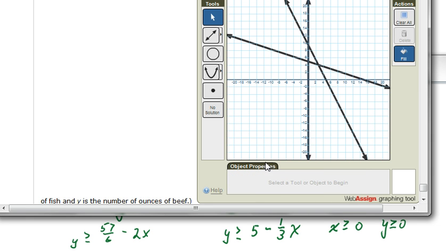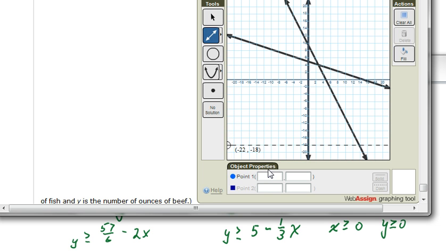Let me delete that and try 10, 0 in the first and 0, 0 for the second. The points are there correctly. Let me try it with a dashed line first and then with a solid line. Okay, so I think we've got all our lines in there now.